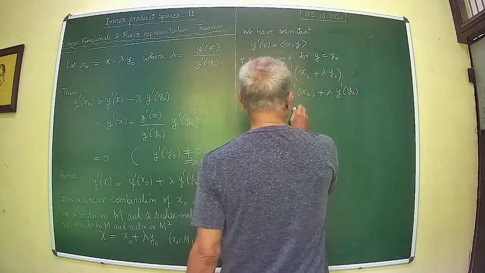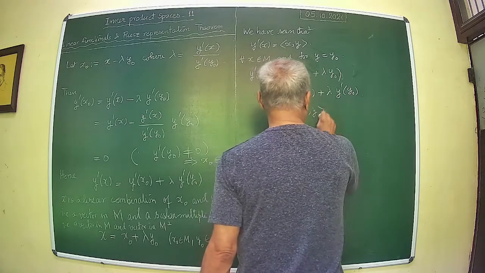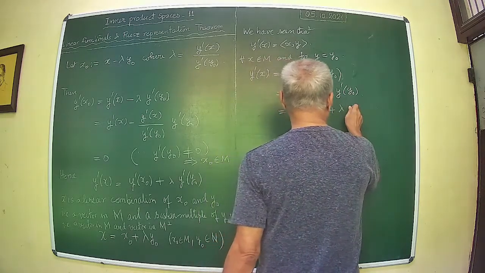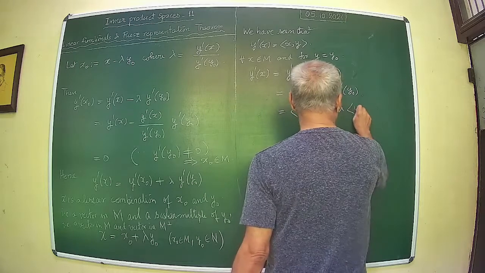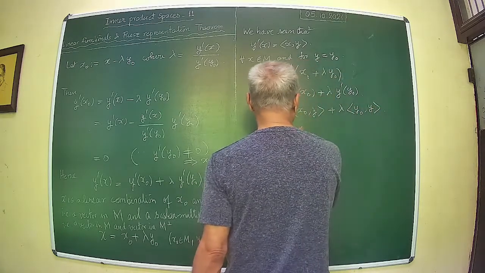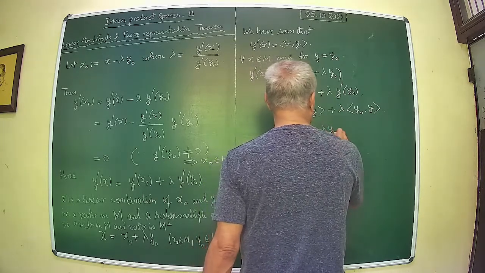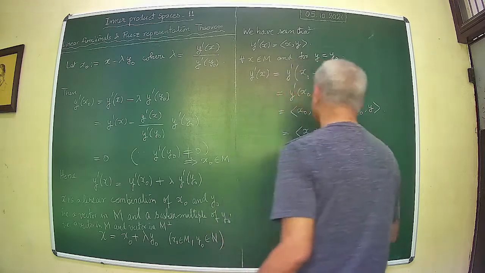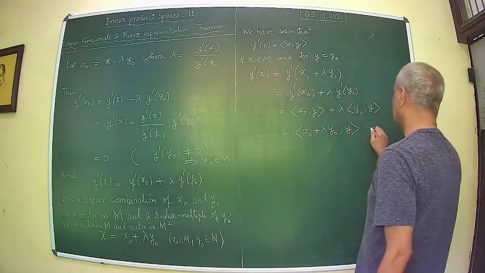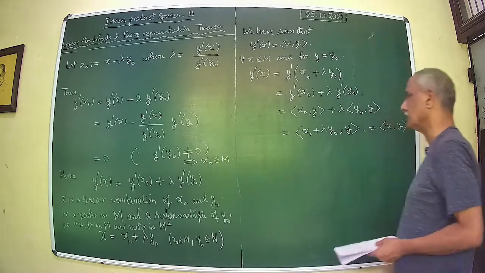This is equal to the inner product of x naught with y plus, and that's equal to the inner product of x with y.